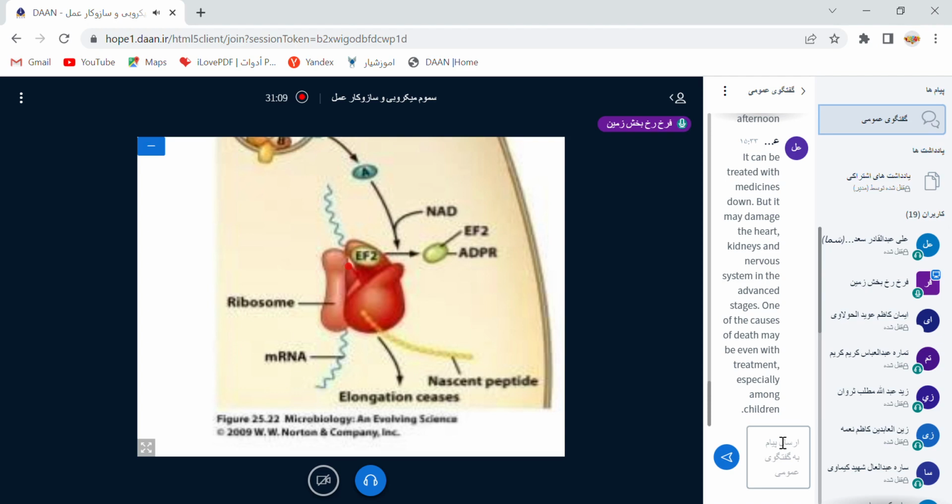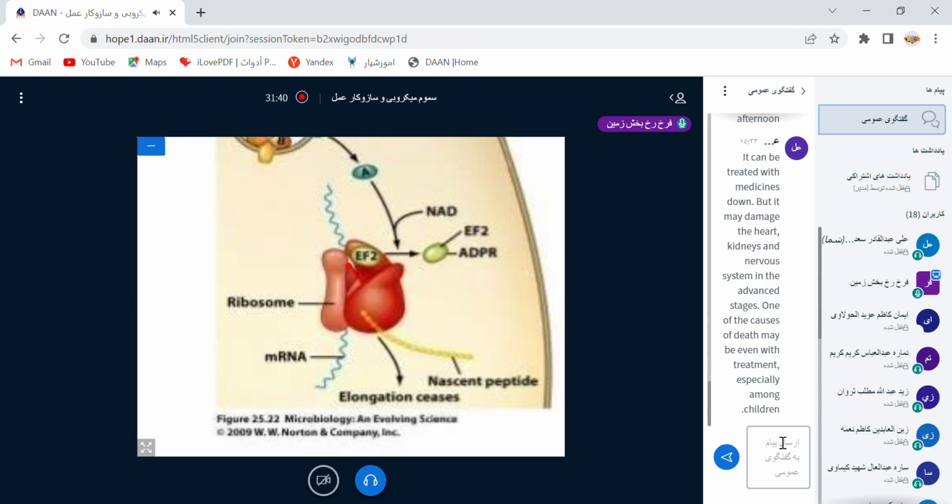So it stops protein synthesis of what? Of our cells. So our cells cannot produce new polypeptide. You know, protein synthesis is a vital action in the metabolism of a cell. If one cell loses its protein synthesis, it will die.